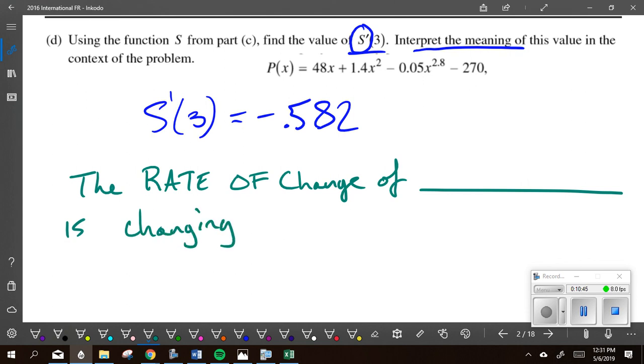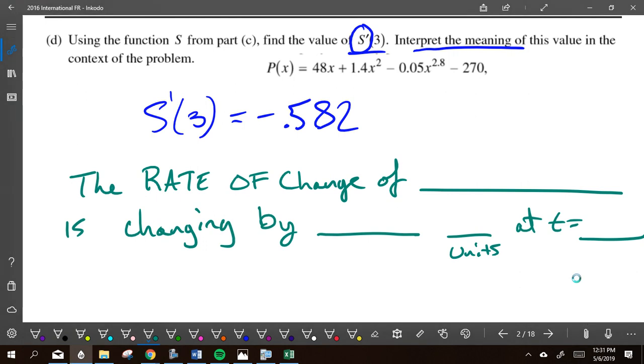It could be increasing, it could be decreasing. I don't really care. If I say changing, that will be acceptable. By blank units at t equals blank. That is what we were trying to fill in. That is the Mad Lib that you fill in every time you try to explain what a derivative is.